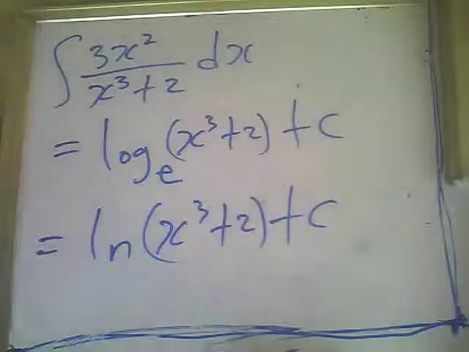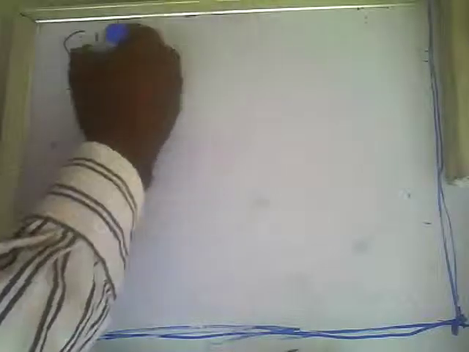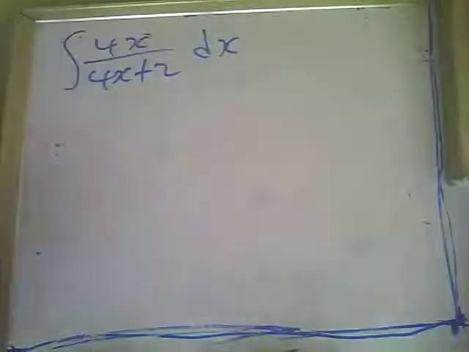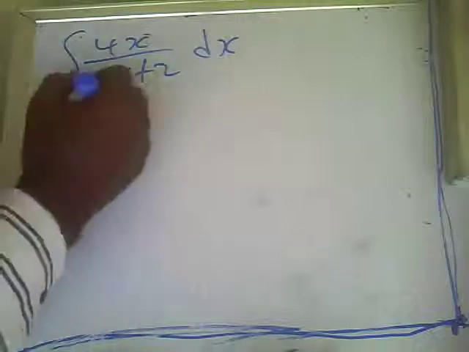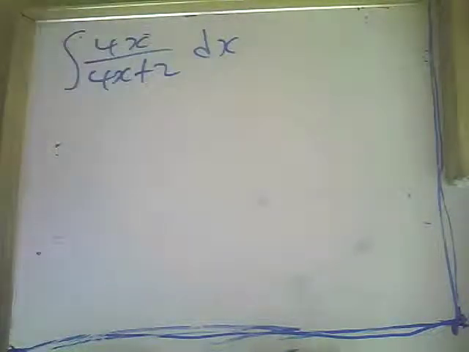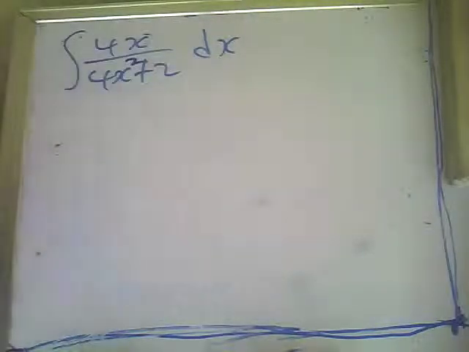But before we go, I want to bring in a similarly complex question. Now evaluate the integral of 4x over 4x squared plus 2 dx. Looking at this one, we have to carry out a process, because when you differentiate 4x squared, we are going to have 8x and not 4x.